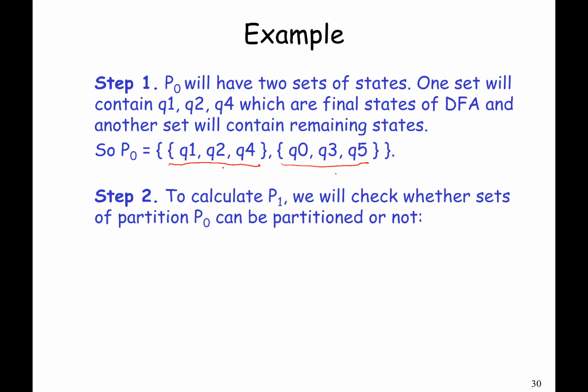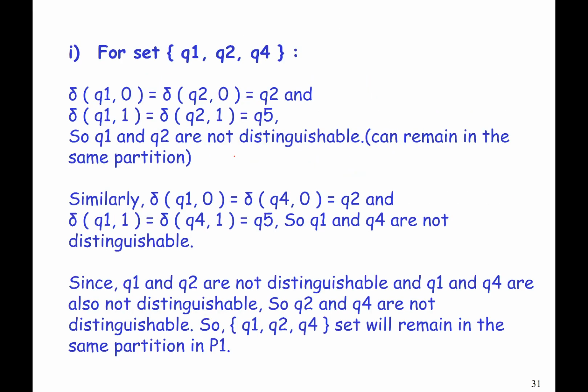The next step is to see whether any of these are distinguishable on the next input. So we check whether the sets in P0 can be partitioned any further. We have to take each set at a time, so start with this set and see if it can be partitioned, and then start with the other set. First, look at Q1, Q2, Q4 and look at all the transitions defined.